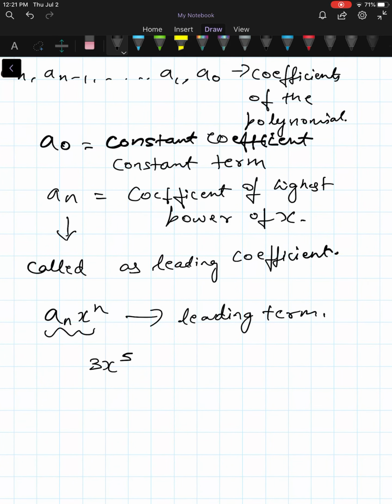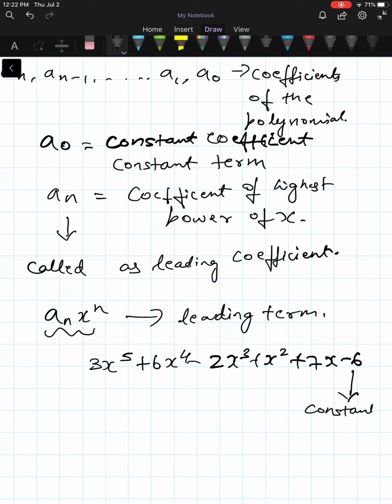For example, consider 3x^5 plus 6x^4 minus 2x^3 plus x^2 plus 7x minus 6. Here the negative 6 is the constant term or the constant coefficient, and the leading coefficient is 3.